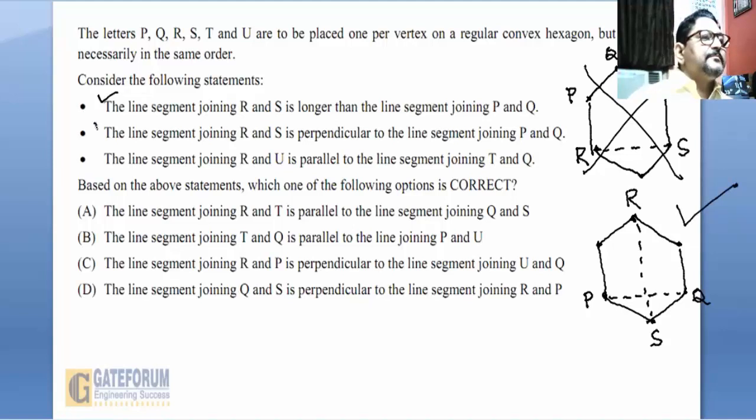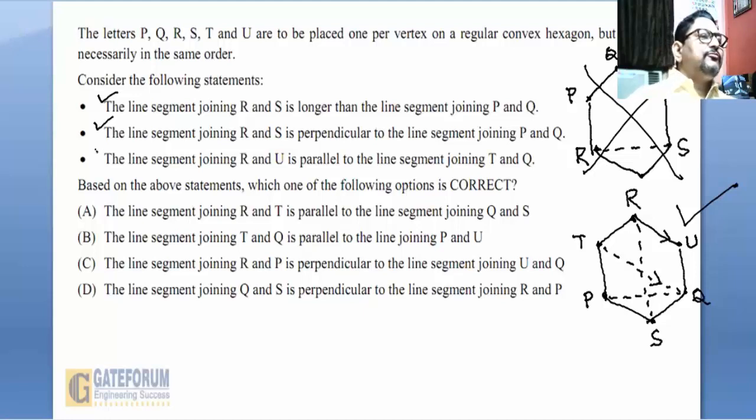So this is done. The next, the line segment joining R and U is parallel to the line segment joining P and Q. Very cleanly it can be seen. If U were here and P were here, then the criteria was fulfilled, because indeed TQ is parallel to RU, right?